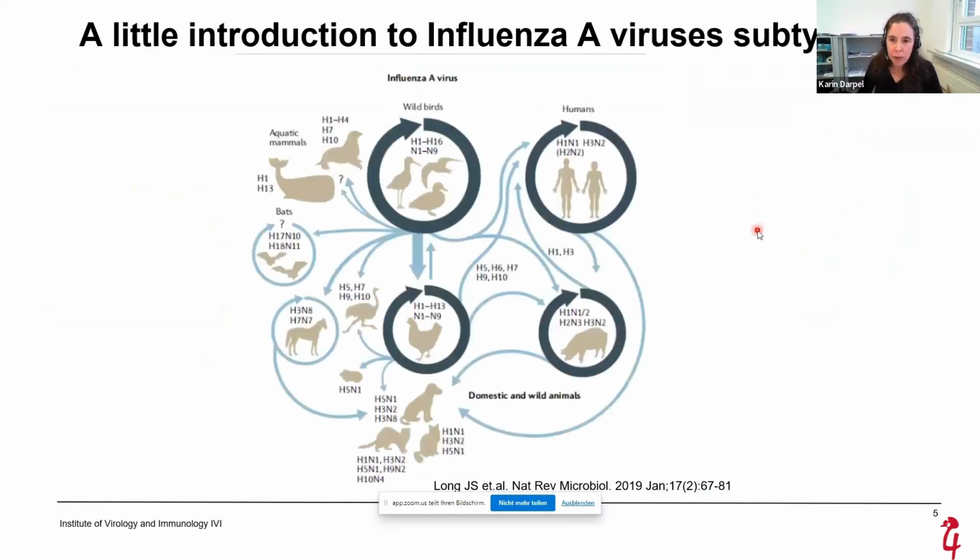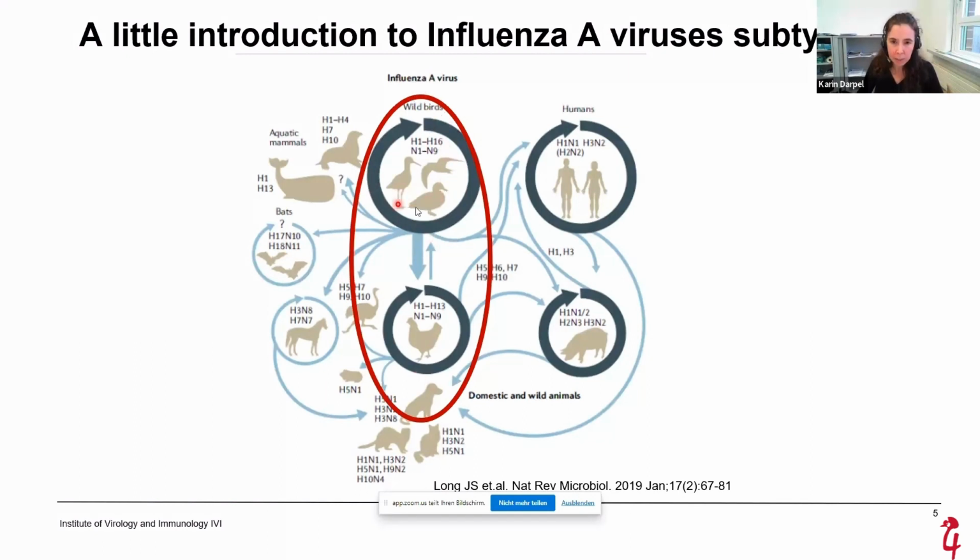Within avian influenza, certain subtypes and strains circulate specifically in their main host population. So we have the human influenza virus circulating in humans, swine influenza circulating in swine, and the avian influenza circulating in avian species. But we can see that the avian influenza virus and the avian species have a central role.